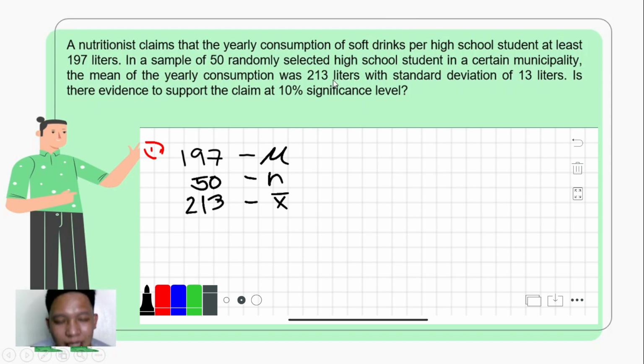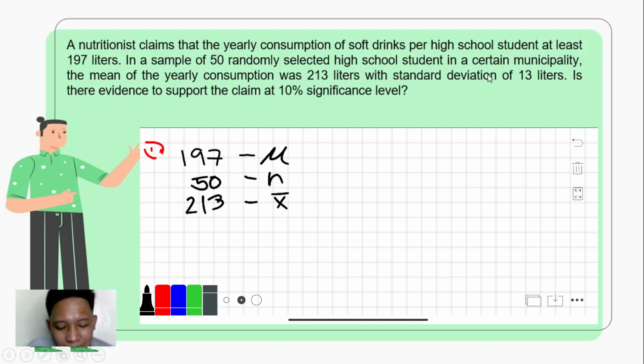Okay? Next, the mean of the yearly consumption was 213 liters with standard deviation of 13 liters. So, sino po si standard deviation natin dito? Yung standard deviation natin dyan, is it population or sample? So, sabi dito sa statement, from 50 randomly selected.